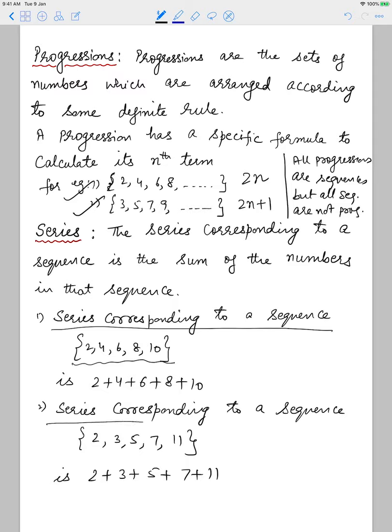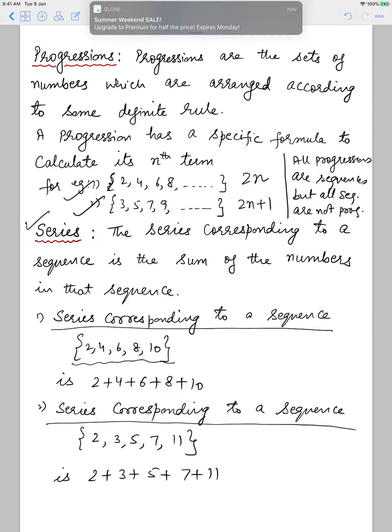Similarly, the series corresponding to the sequence 2, 3, 5, 7, 11 is 2 plus 3 plus 5 plus 7 plus 11. Basically, the series is obtained by adding the various terms of the finite sequence. So I hope the difference between sequence, series and progressions is clear to all of you.